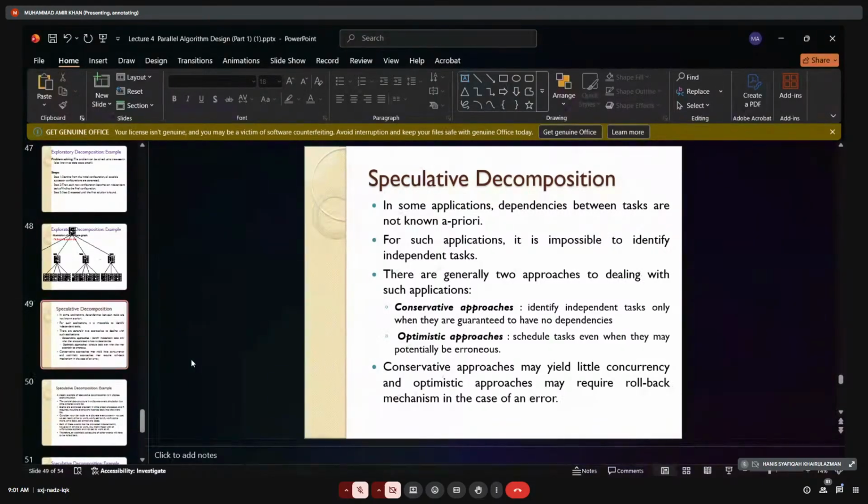In the optimistic approach, we schedule tasks even when there may potentially be errors. The conservative approach may give little concurrency, little parallelism, and the optimistic approach may require a rollback mechanism in case of error. Rollback means starting again.